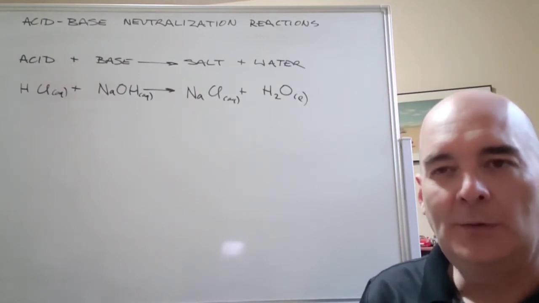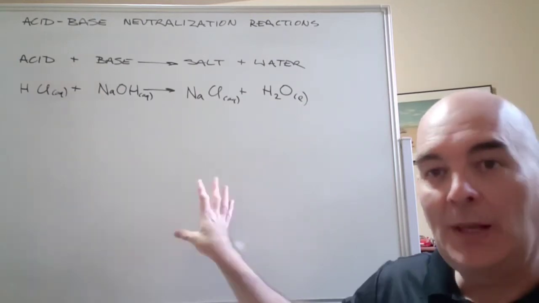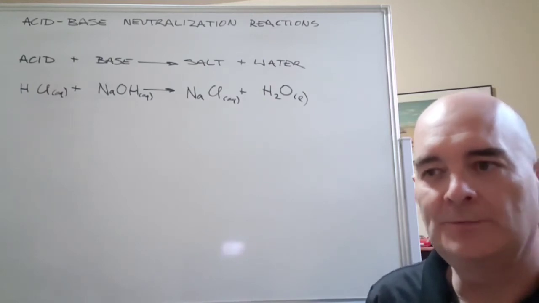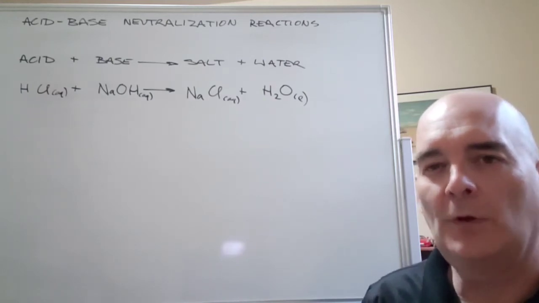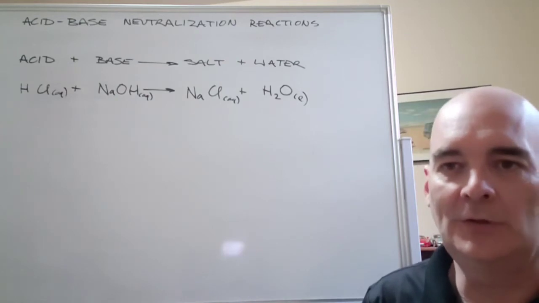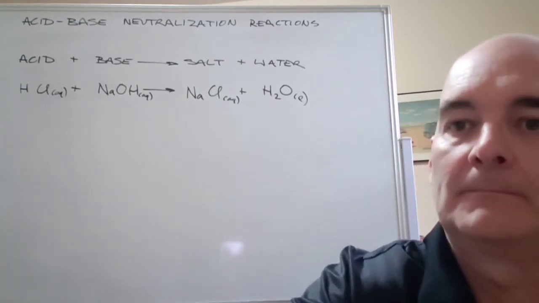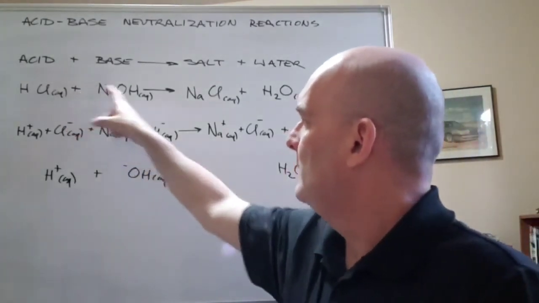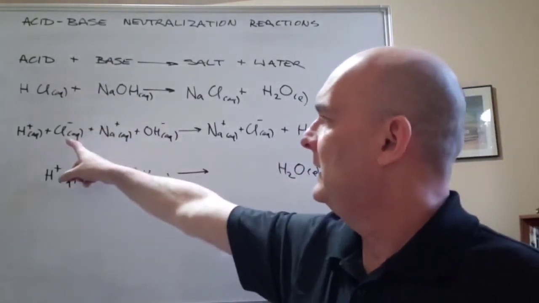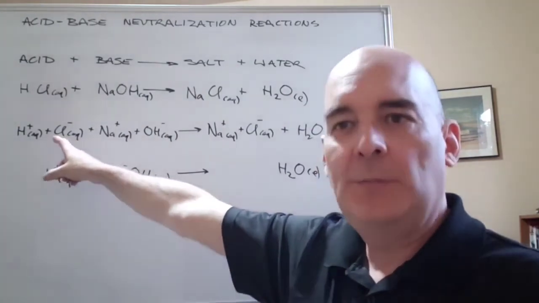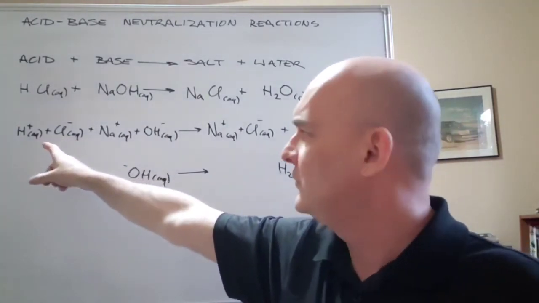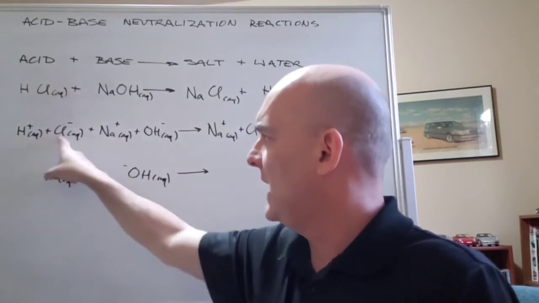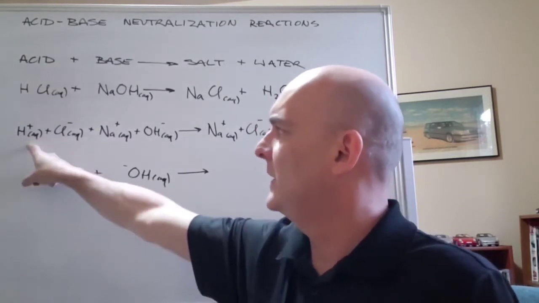What we need to do now is make a complete ionic equation out of this balanced equation and then define what the net ionic equation looks like. So I've taken my balanced equation and I have expanded it to be a complete ionic equation. The HCl is a strong electrolyte and has separated into H+ and Cl-.